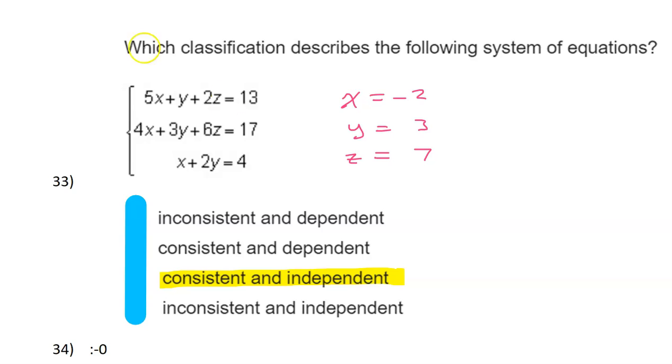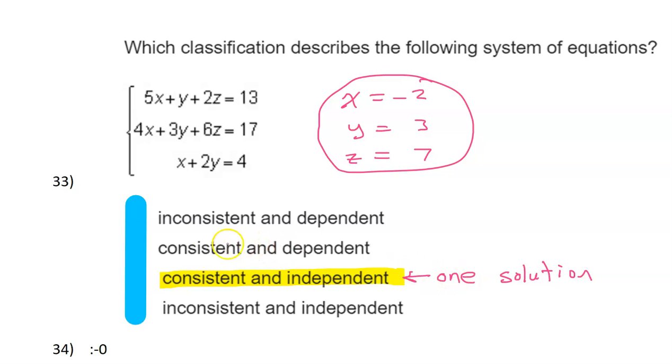So when we solve this in a minute, if it comes out to be a single solution, then we're going to pick this. So you should probably write down some notes right now. So this will be how you classify it whenever there's one solution.